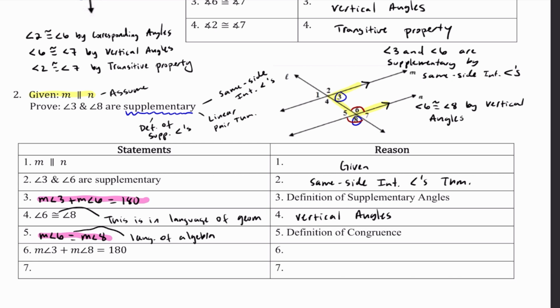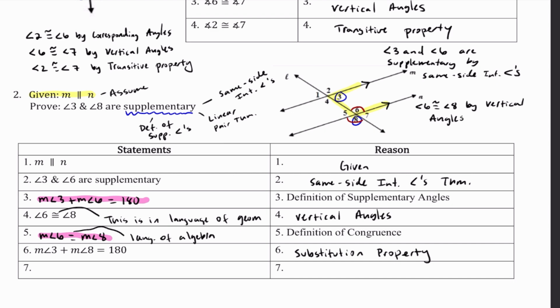So I'm basically just replacing measure of angle 6 with the measure of angle 8. And replacing means substitution. So the reason is substitution property. So therefore, the measure of angle 3 plus the measure of angle 8 is equal to 180 degrees.